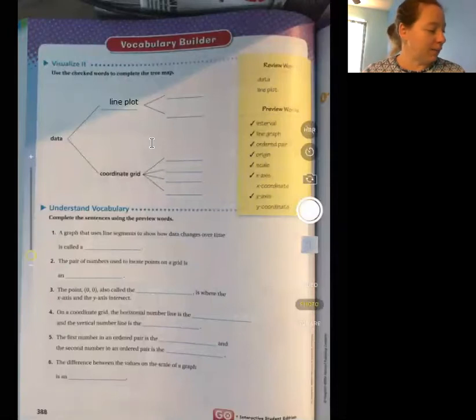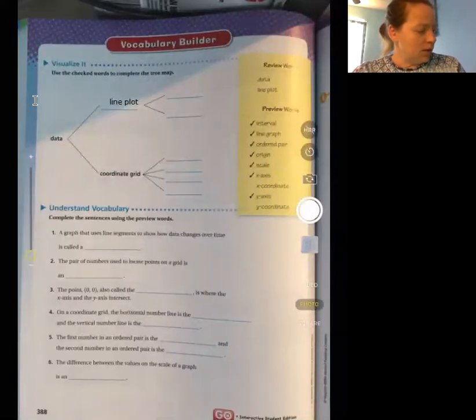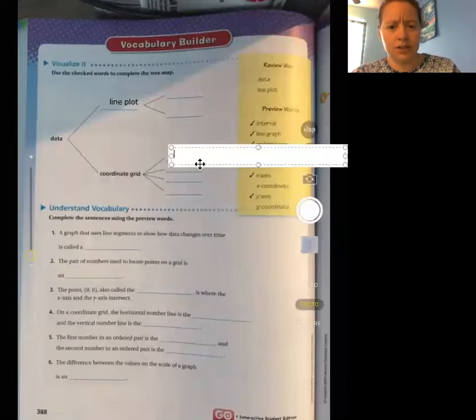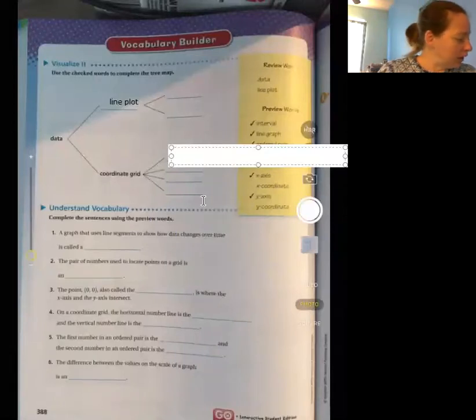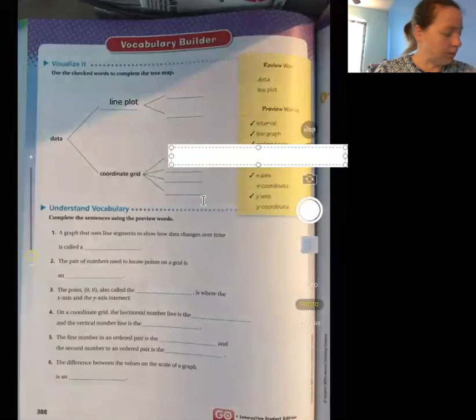So, okay. So things that you end up with on each of these. So here's the thing. I'm going to go with the coordinate graph first, and then we will figure out what is on each of those. Use the checked words to complete it.